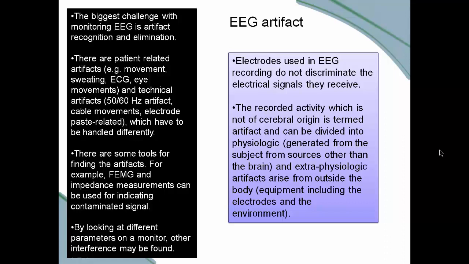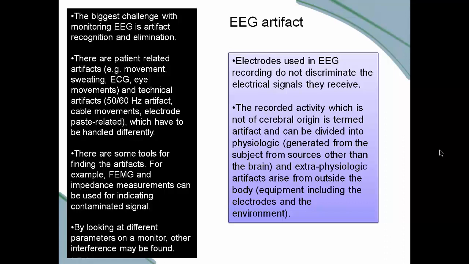We have some tools for finding artifacts. Impedance, like I mentioned to you before, is one of the important tools for measuring contaminated signals. So we're going to take that into consideration. Not a lot right now, in that we're just looking at it. We are indeed an introductory course, so we just need to figure out what it is and how to do it.